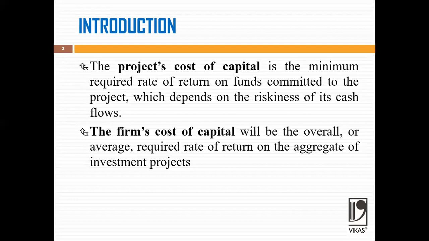So in this example, the minimum rate of return you expect is 15%. The bank loan is also 15%, and the investment is totally financed by that bank loan. Therefore, the cost of that capital is 15%.